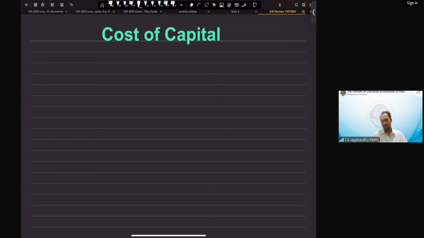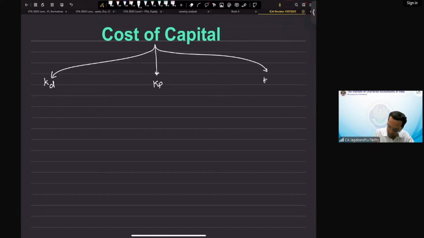I'll just quickly recap some of the formulae that we have in the cost of capital chapter, and then we will go ahead with the questions. In this cost of capital, we've got cost of debt, cost of preference share, and broadly the cost of equity.